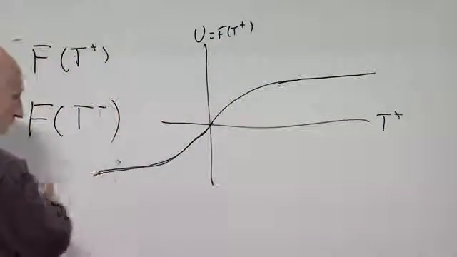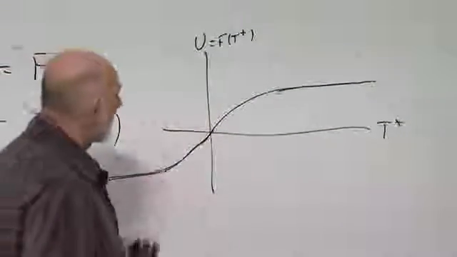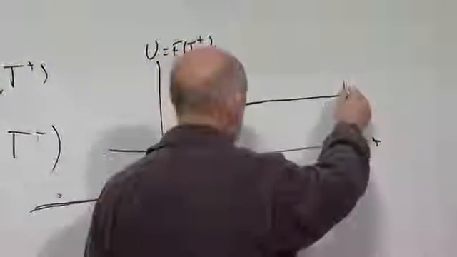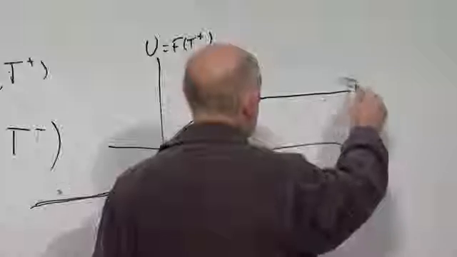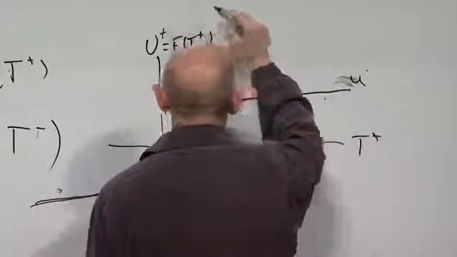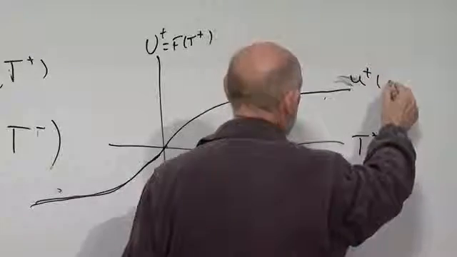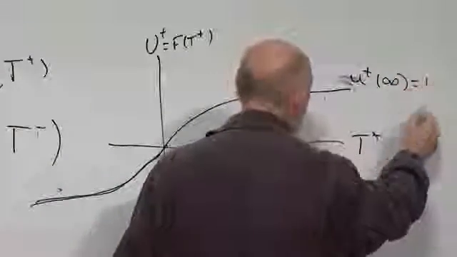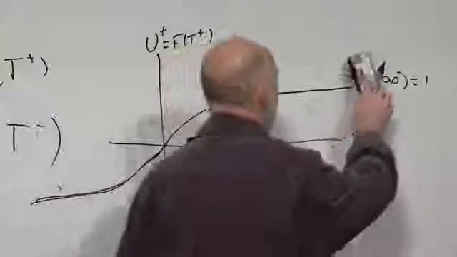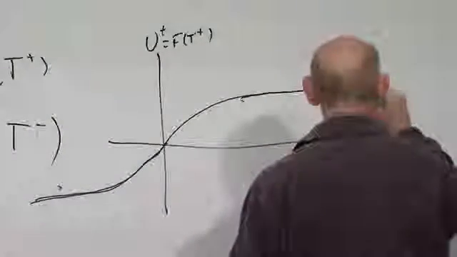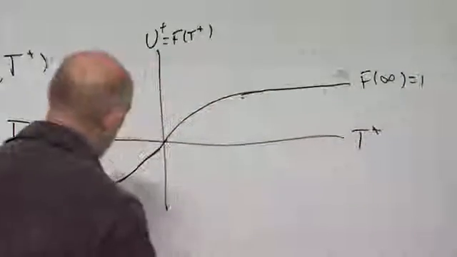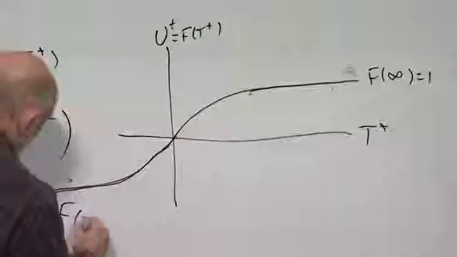Also, down here, it also has a slight slope. But it'll go to 1 over here: u plus of infinity is 1, or just f, let's call it f. F of infinity is 1, and f of minus infinity is minus 1.